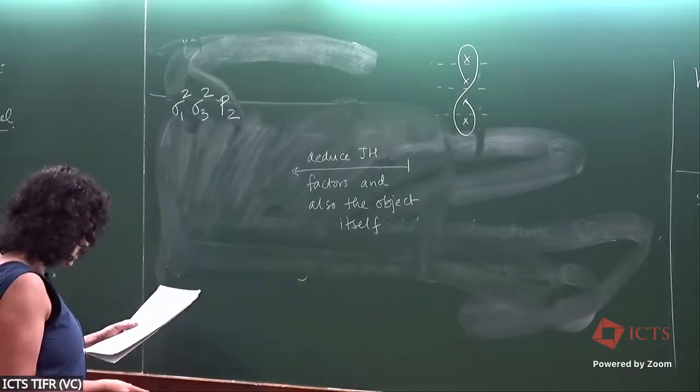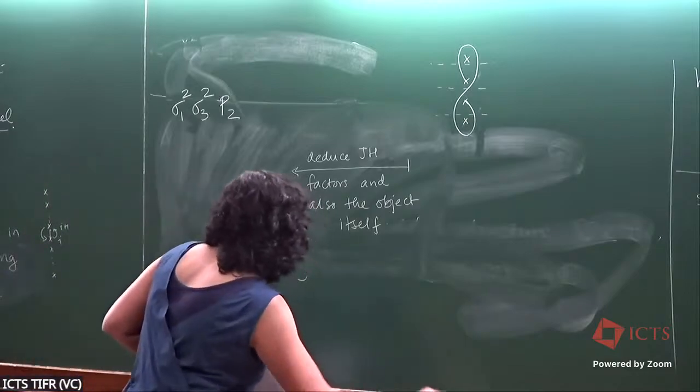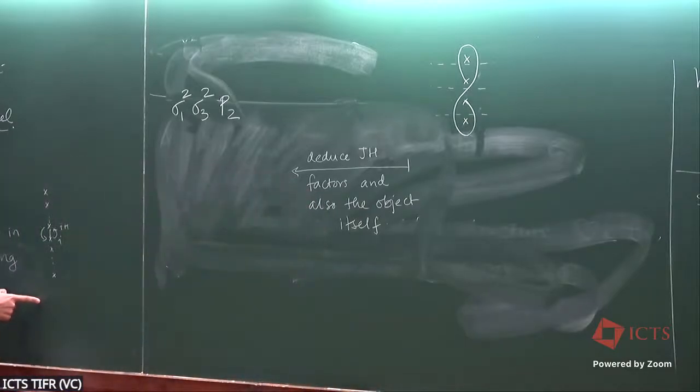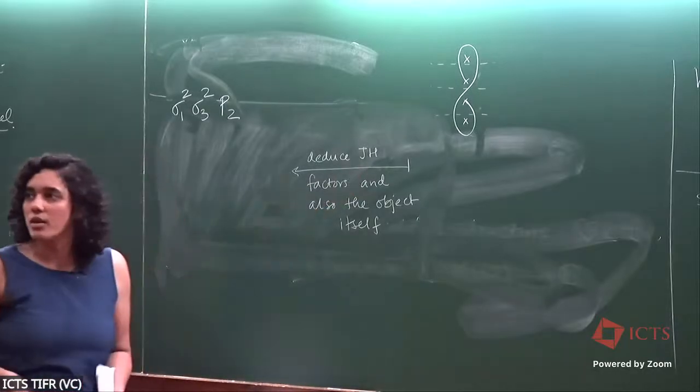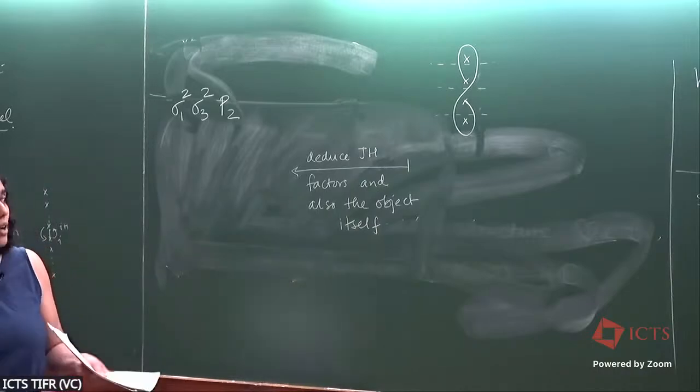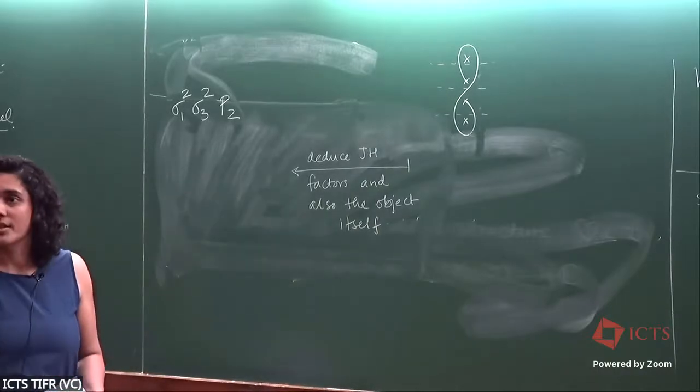And so now that's great, but this is not the only configuration of n+1 points. And so you might ask, what happens if you change the configuration? Can you get some more information? And on the other hand, the Jordan-Hölder filtration is not the only filtration that you have. You have all these Harder-Narasimhan filtrations as you change the stability conditions.